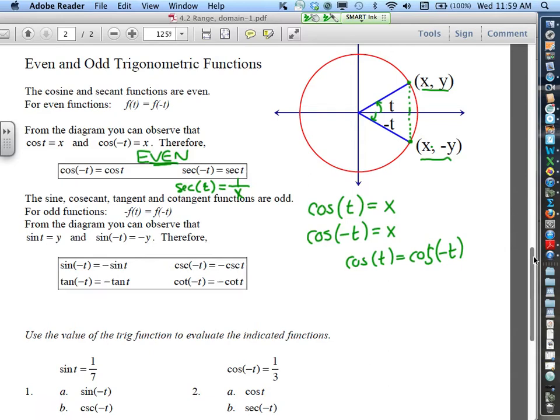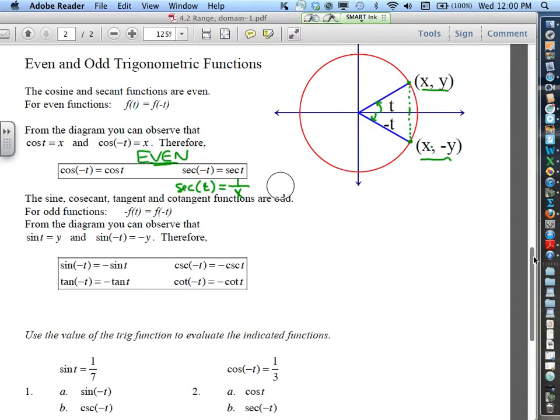It didn't matter whether the thing that you put into the function was positive or negative, it gives you that same outcome. The sine, the tangent, the cosecant, and the cotangent are all odd functions. For angle t, my sine would be my y-coordinate. For negative t, now my sine is negative y. It's the opposite. For tangent, I have y over x for angle t.